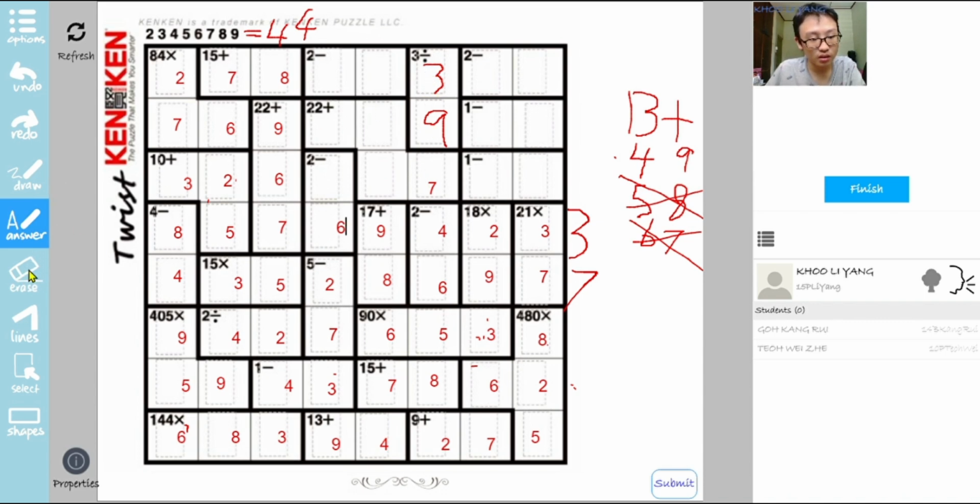Okay, this row already has 9. So 9 is at the top and 3 is at the bottom. 9 here and 3 here.